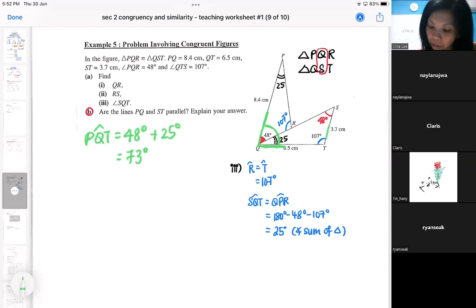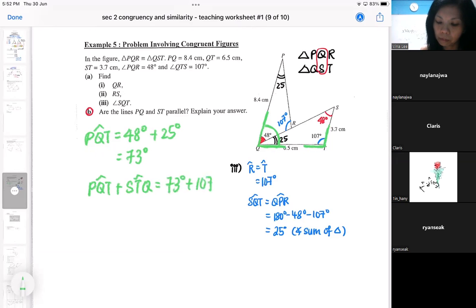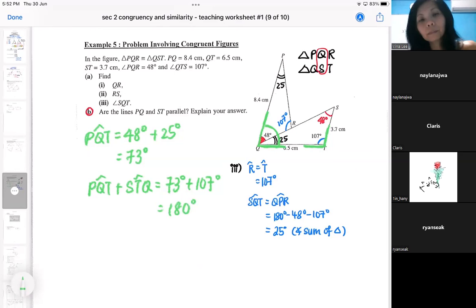Then you explore this one, PQT plus STQ. Somehow it gave you a nice 180 degrees.